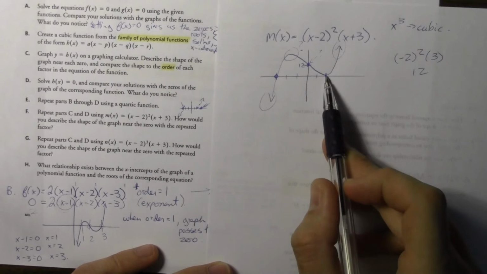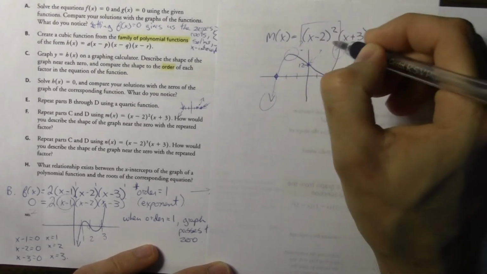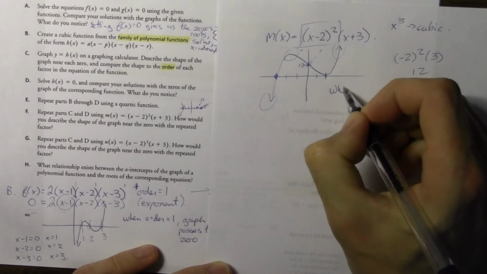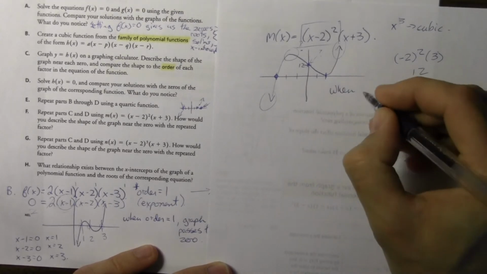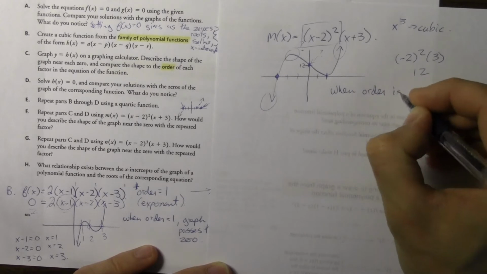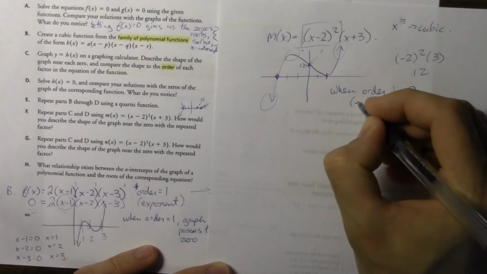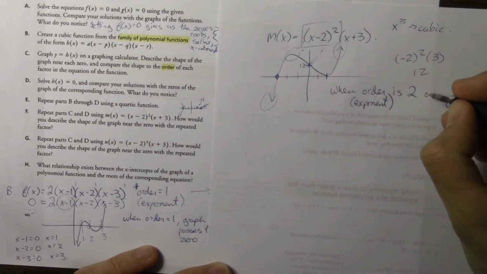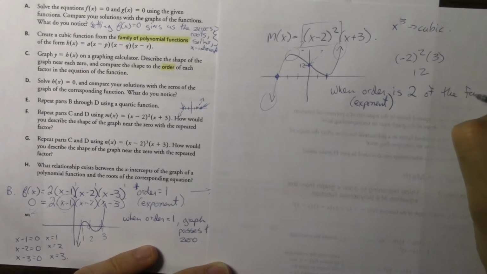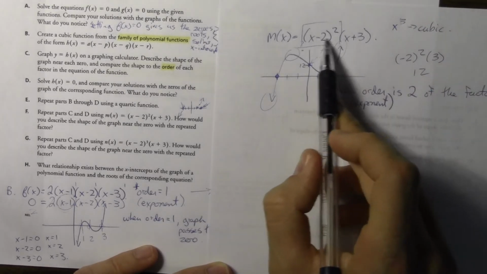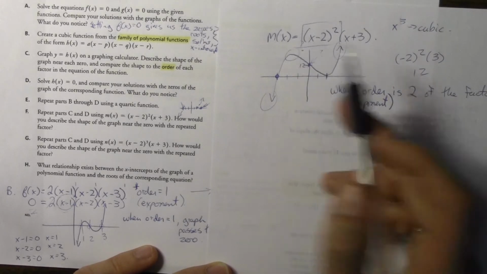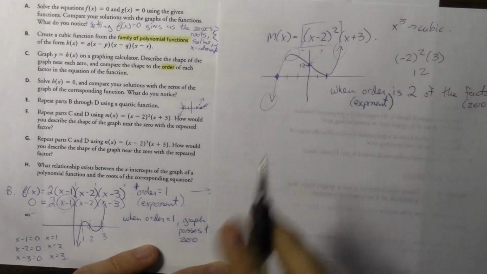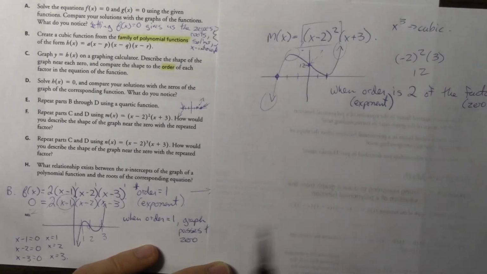Okay, so what do we notice that's happening when the order of the 0 is 2? I'm going to write this down. You guys think about it. When the order is 2, and by order I mean the exponent of the factor, because this is a factor of the function, I'm going to put in brackets there the 0, because by setting the factor equal to 0, we find the 0.